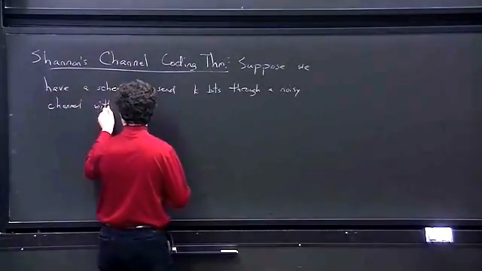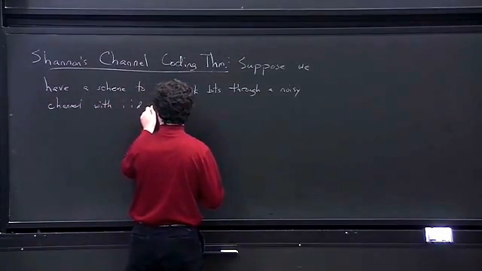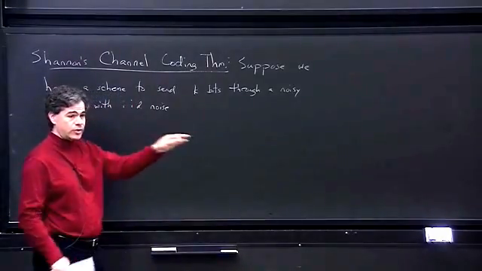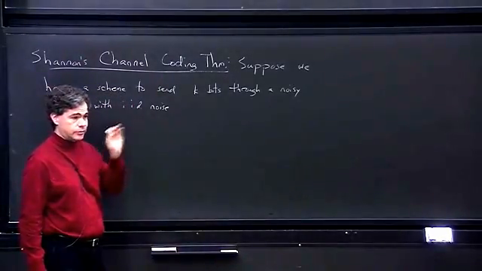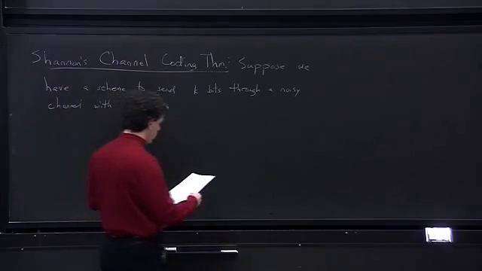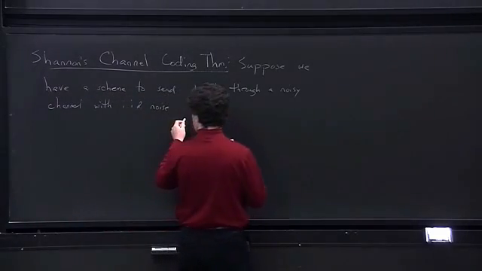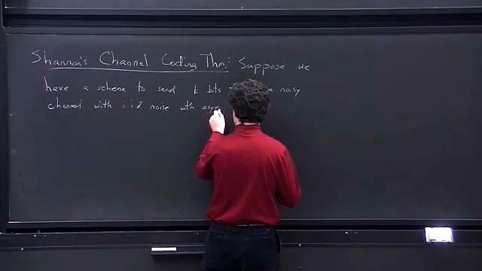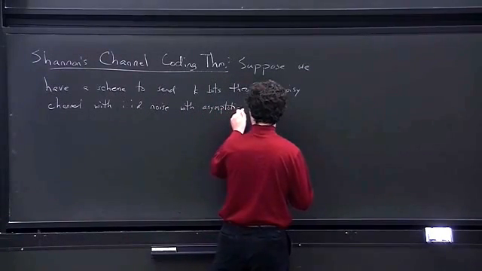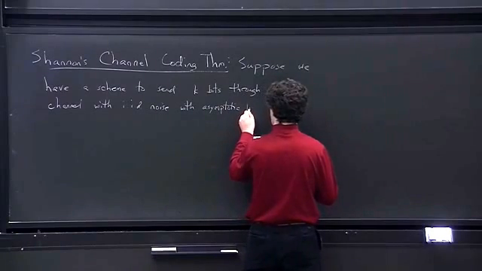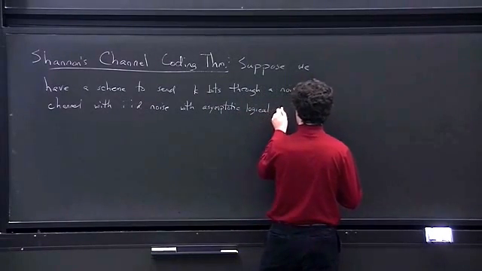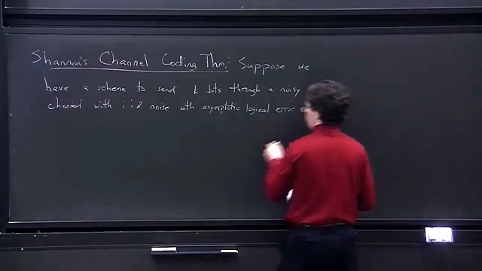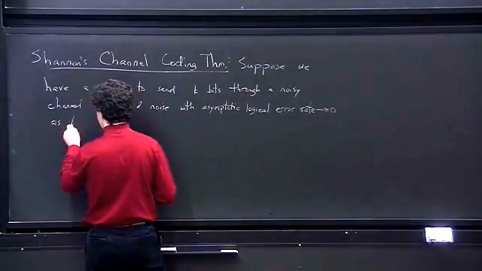And we'll assume, again, IID noise. In the case of a channel, that means that it's just doing some separate noise operation for every bit that gets sent through, and it's always the same. And it has asymptotically zero logical error as we get to very large systems.